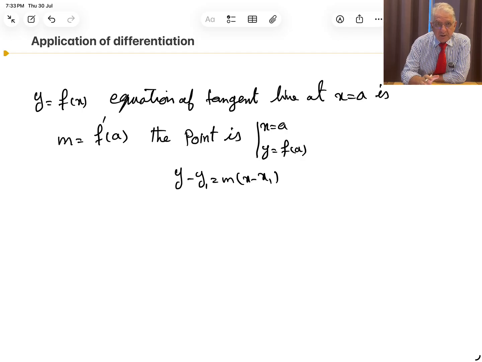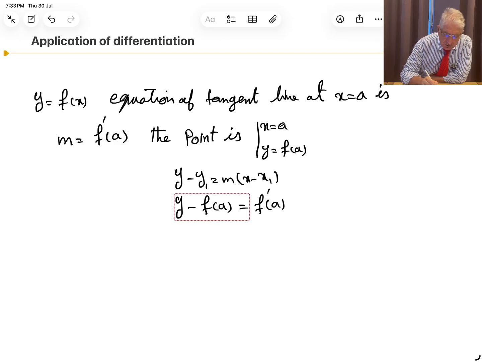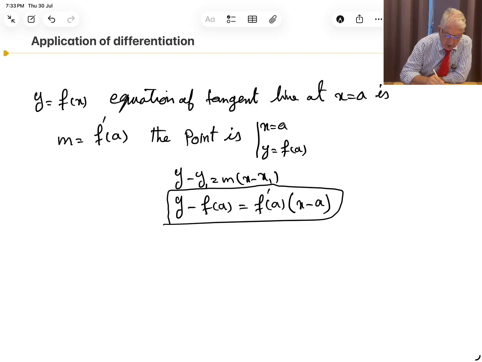Perhaps you know some other method. If y equal to mx plus c, you can use that method also. Anyhow, the equation will be y minus f of a equal to f dash of a times x minus a. This is the equation of tangent line.